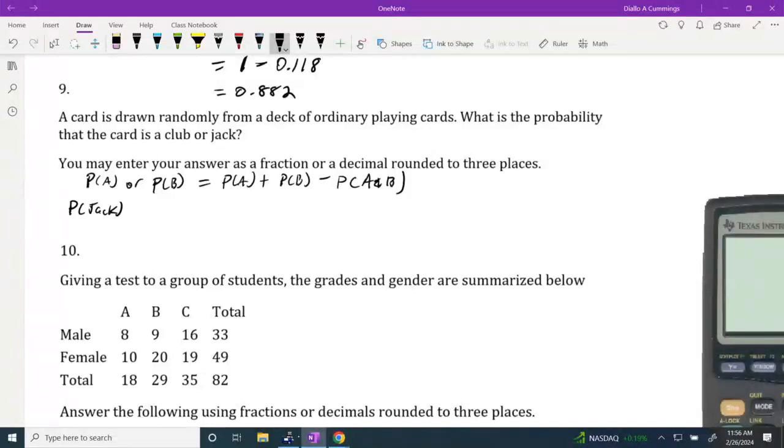The probability of a club or a jack is going to equal the probability of a club plus the probability of a jack minus the probability of a jack and a club.